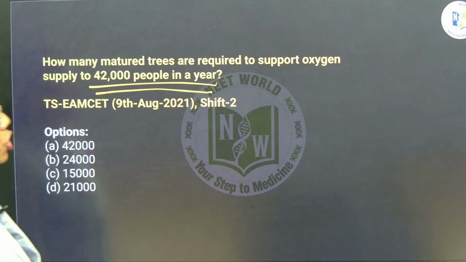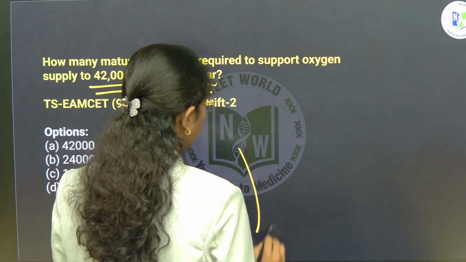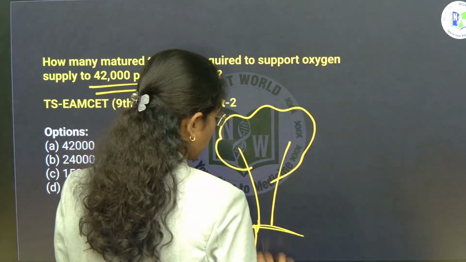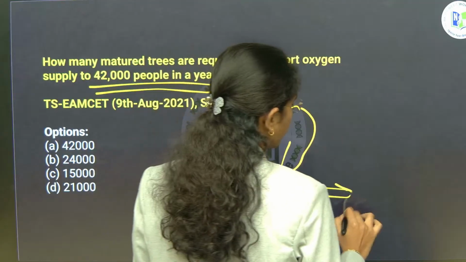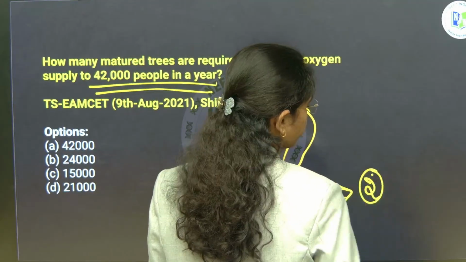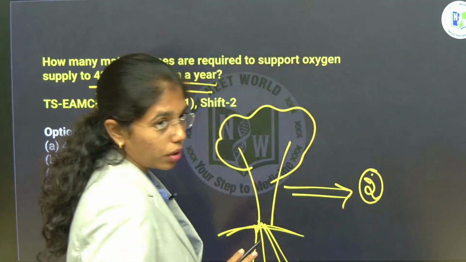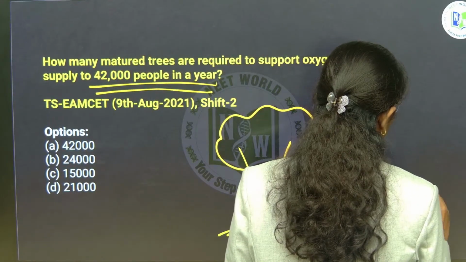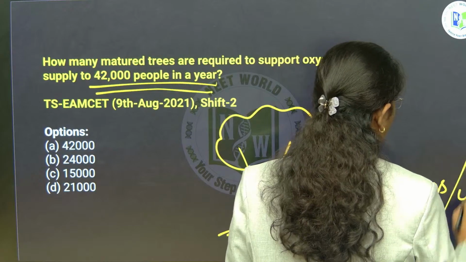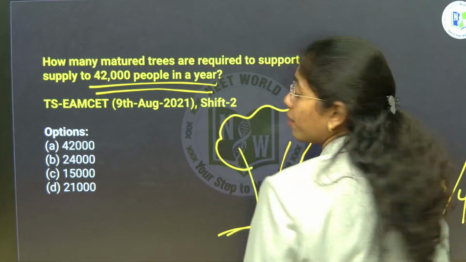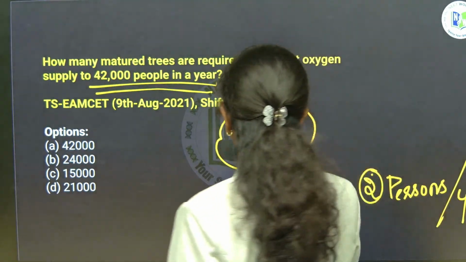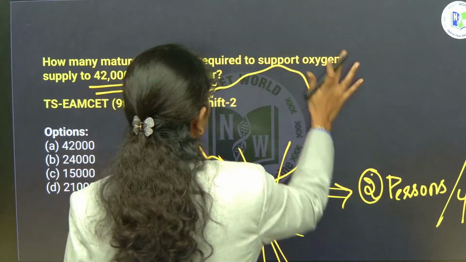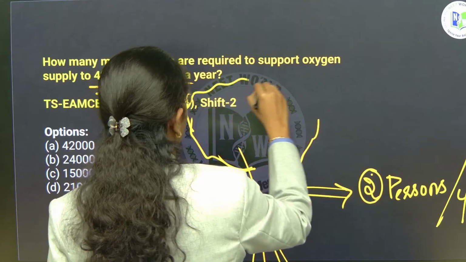One mature tree can supply oxygen for 2 individuals, for 2 persons per year. This is the average calculation. One mature tree can provide oxygen for how many individuals? 2 individuals. That is an average calculation.